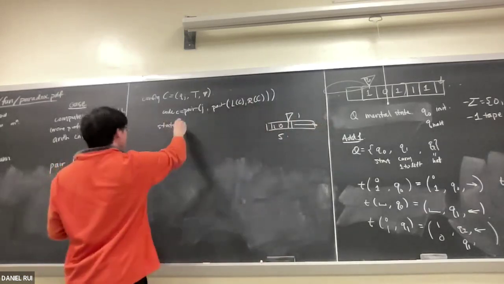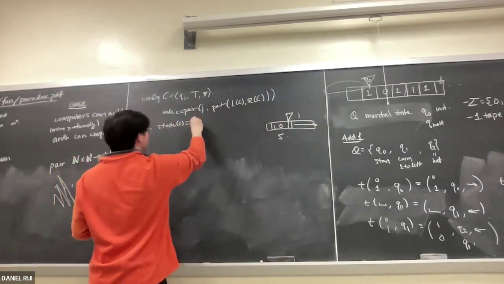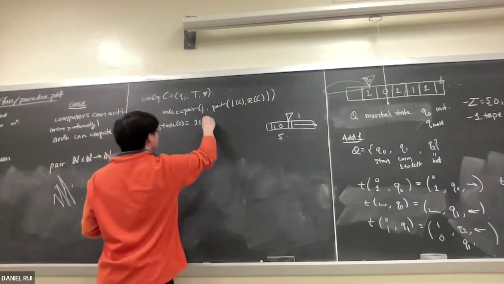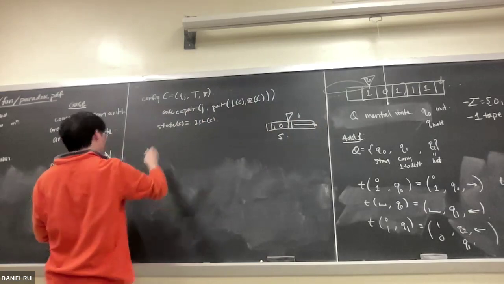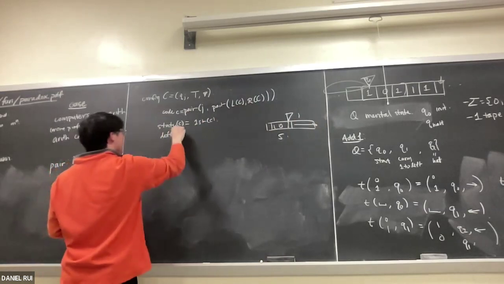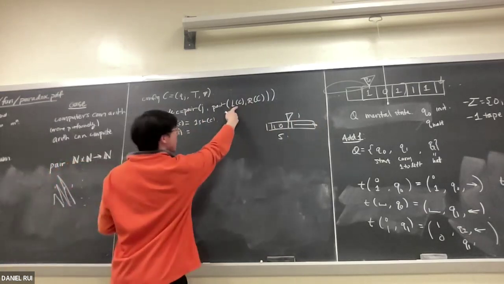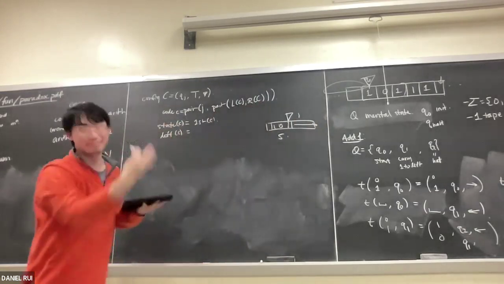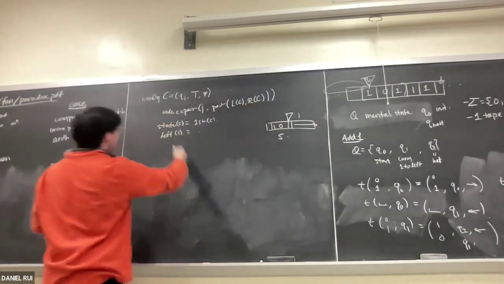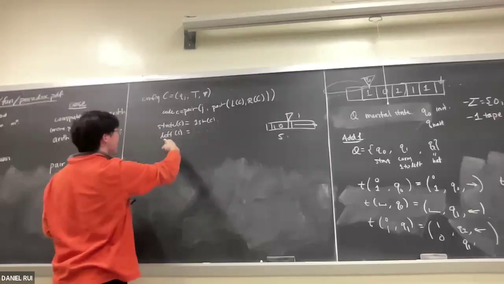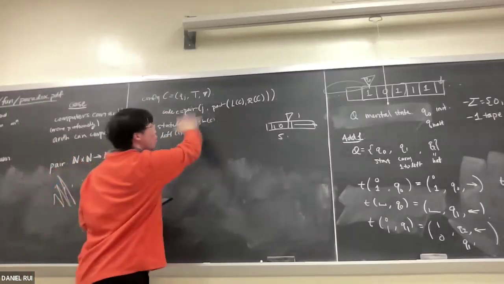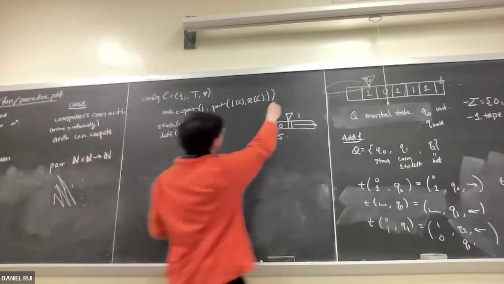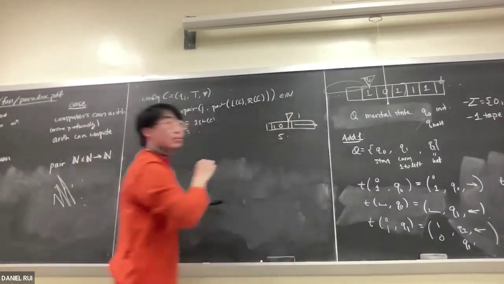Then the state of C is just the first element of this code c, and the left of this configuration is the first element of the second element. So one can harvest out the state and then what's on the left and what's on the right just from this one number. So c is again an element of N.